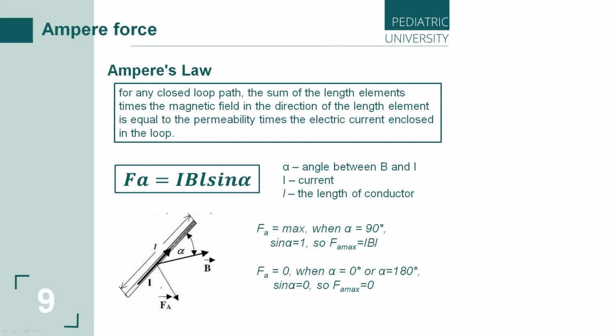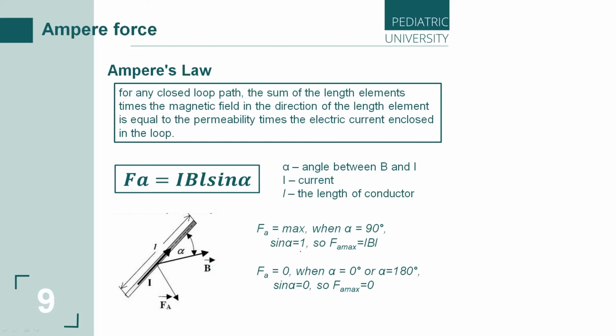So we can say that the ampere force can change from minimum to maximum. Let's put this in our equation. What happens? Our ampere force will be maximum when our angle alpha is 90 degrees, because the sine of 90 degrees is 1.